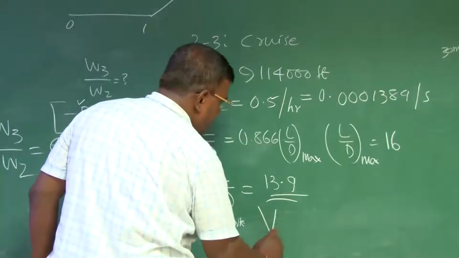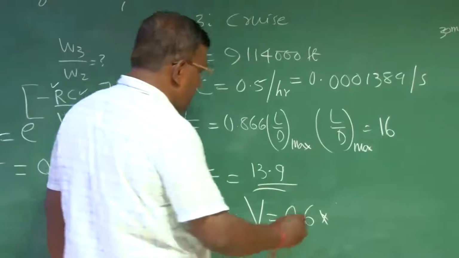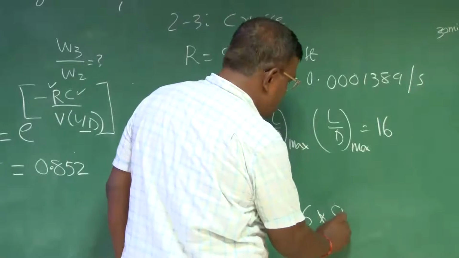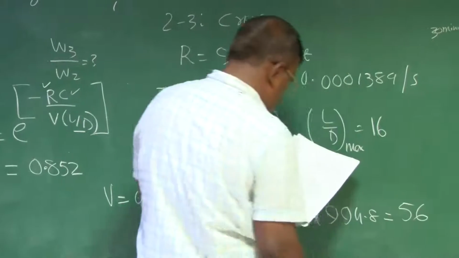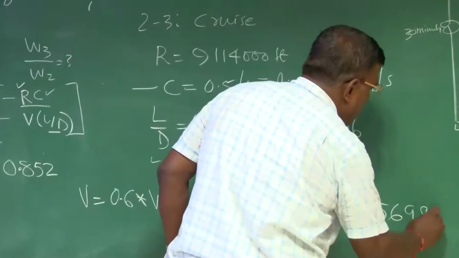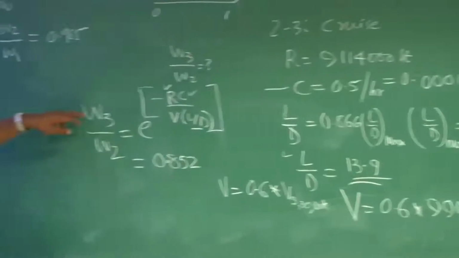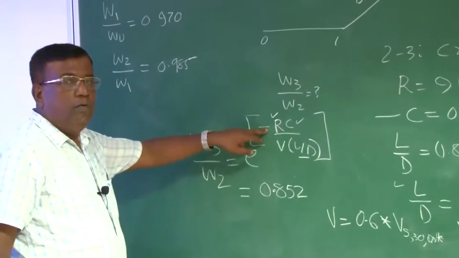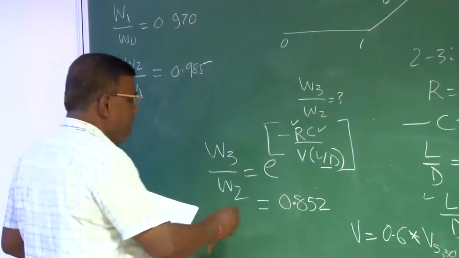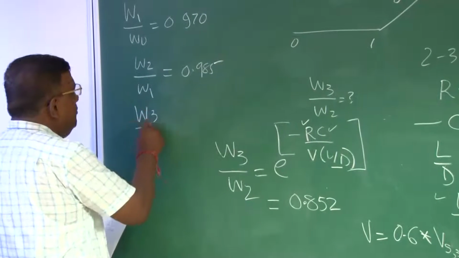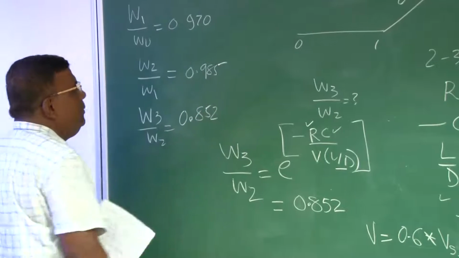So V will be 0.6 into the velocity of sound, and that is 994.8. So this becomes roughly 569.9 feet per second. I repeat, to get this ratio W3 by W2, I need to know the value of R, C, V, L by D. All are given. If you plug in, you will get this ratio W3 by W2 equal to 0.852.